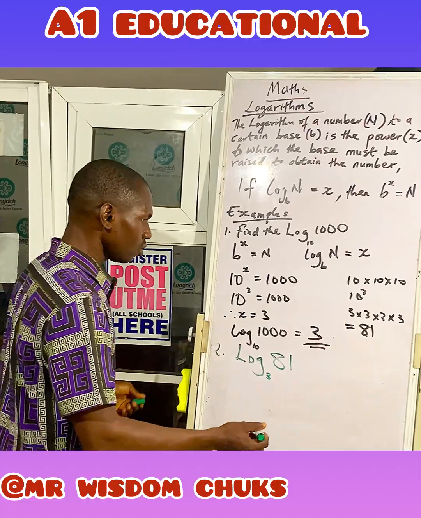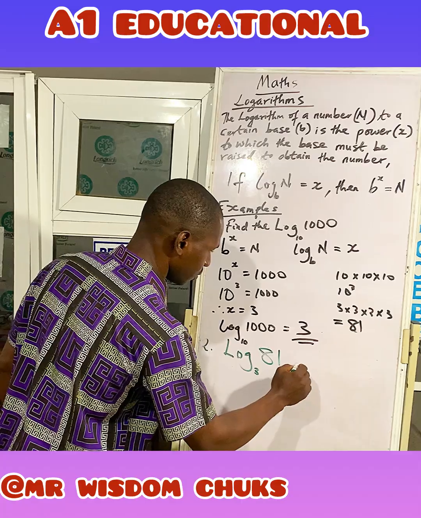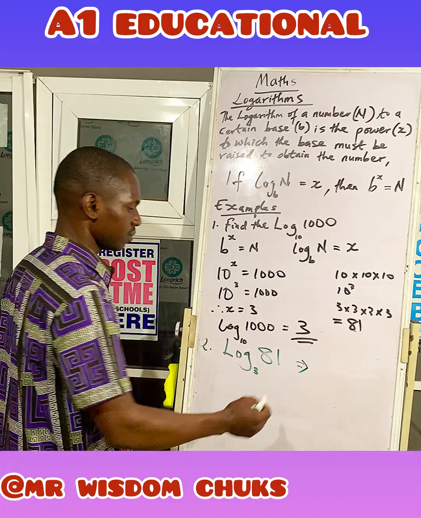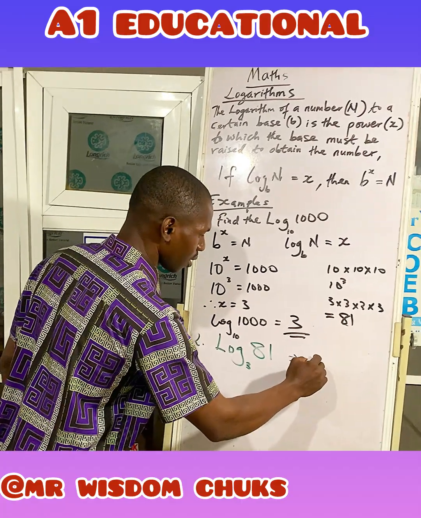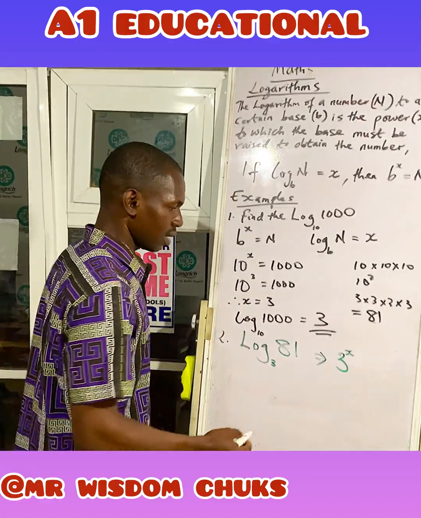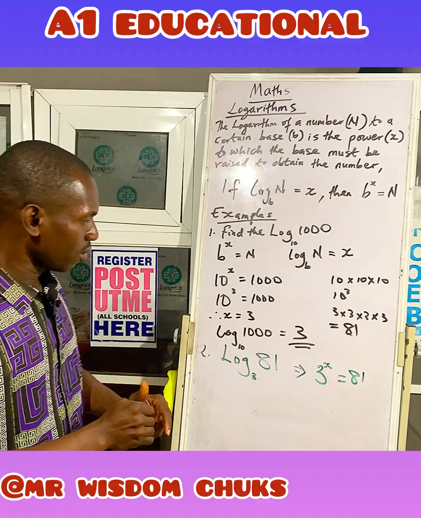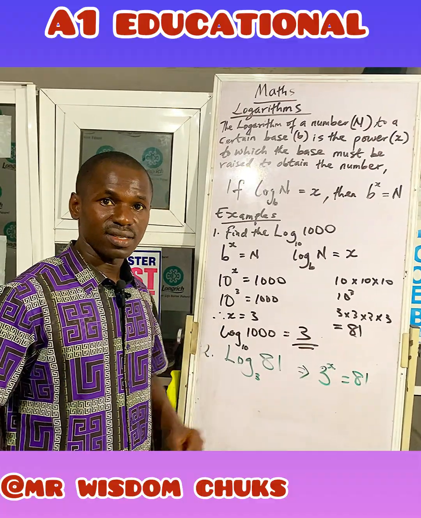So with this definition, we can proceed to say that 3 raised to power x equals 81. So what we are looking for is the logarithm x.